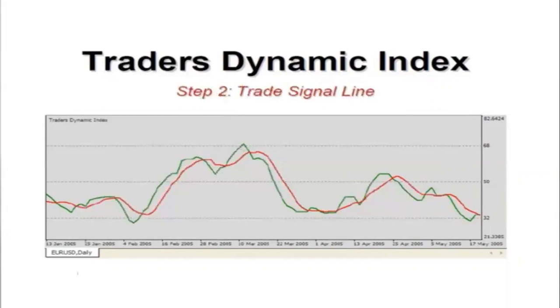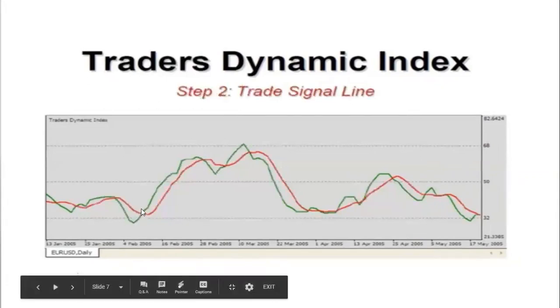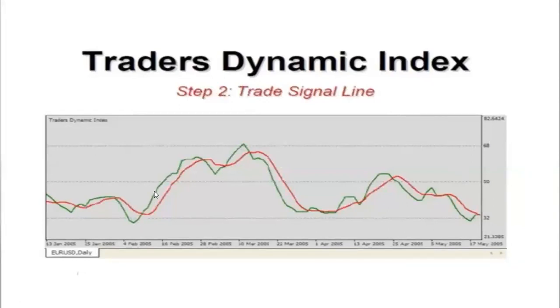So this is almost halfway through of what the TDI looks like. The signal line is there to use once the RSI line breaks above the volatility band and it closes inside the signal line, the red line, right? So when the green RSI line breaks through the signal line, that's additional confirmation that it's a proper stop hunt.